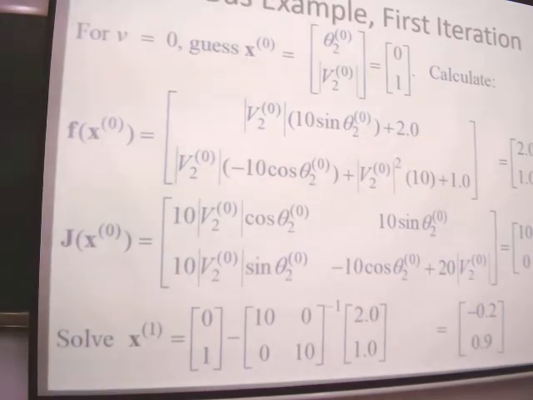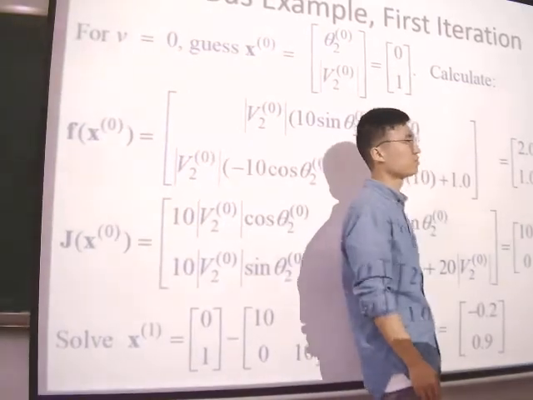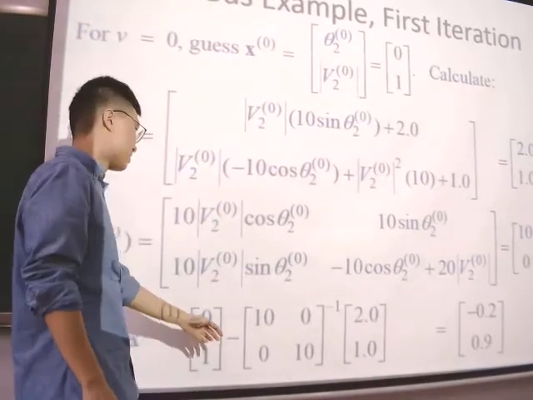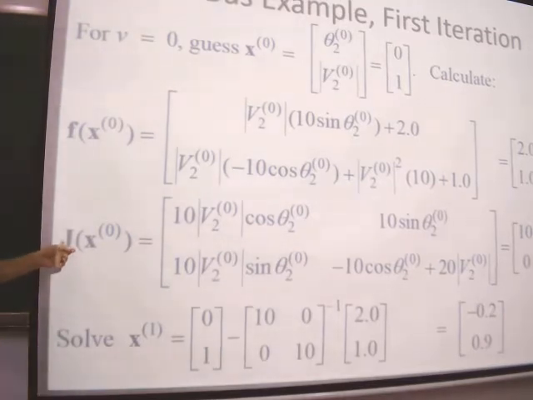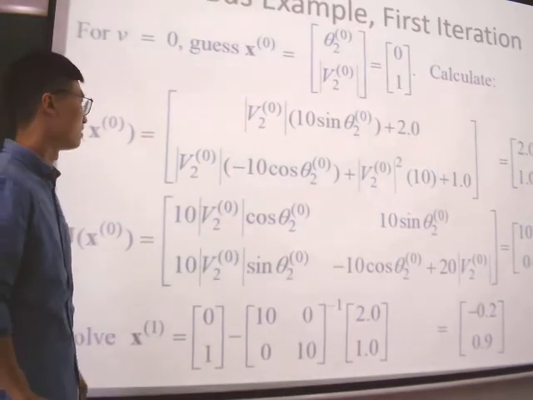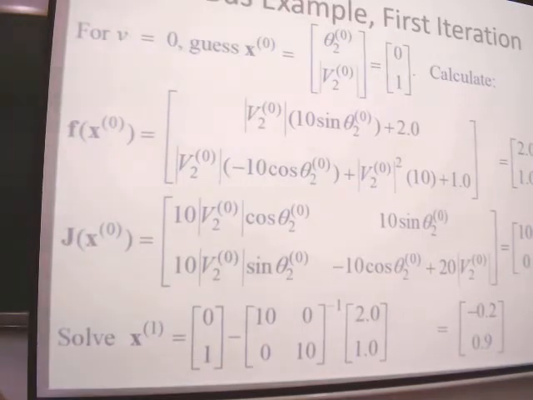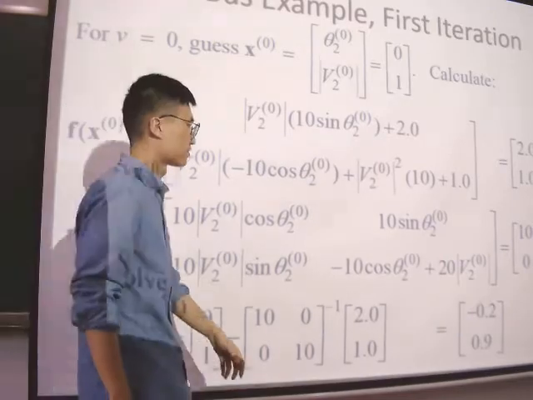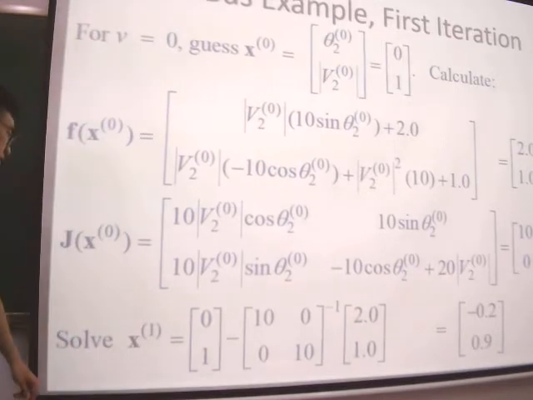So we get the function value in the first step, and then here is our new input, which we send into our equations. We can get the new Jacobi function.